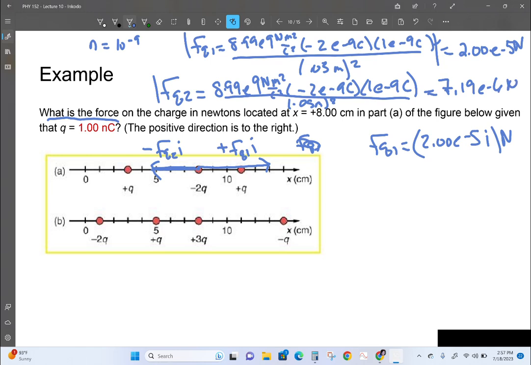Notice from our diagram that we said FQ2 is pointing in the negative i direction.